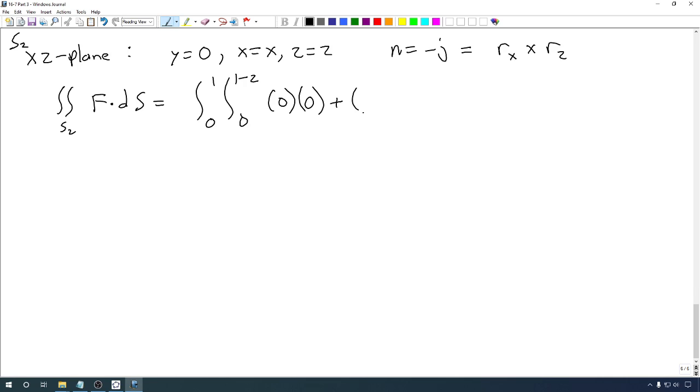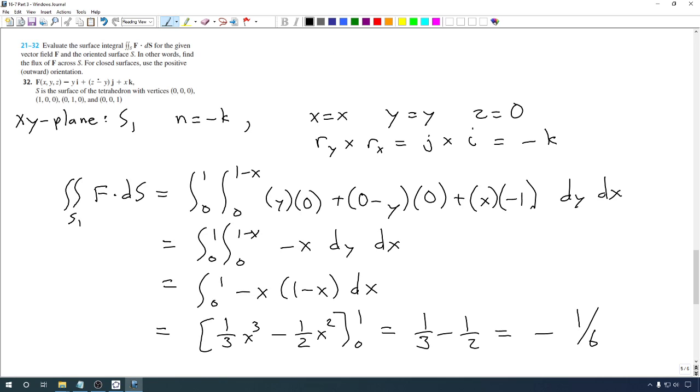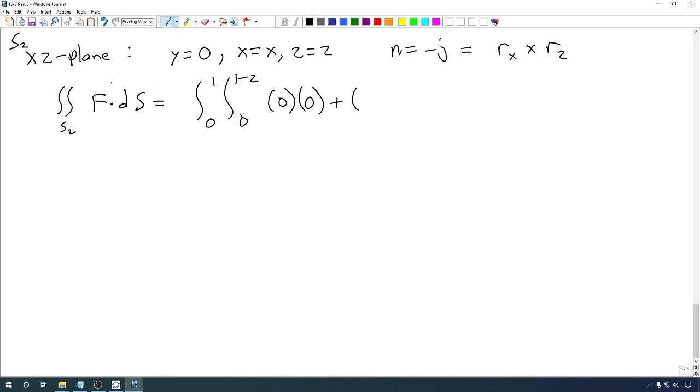We have the second component of our vector field at this point, so z minus 0, because y is equal to 0, times the second component of our normal vector, which is negative 1.